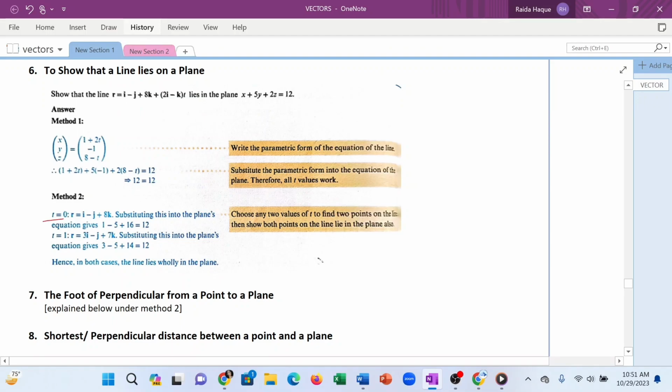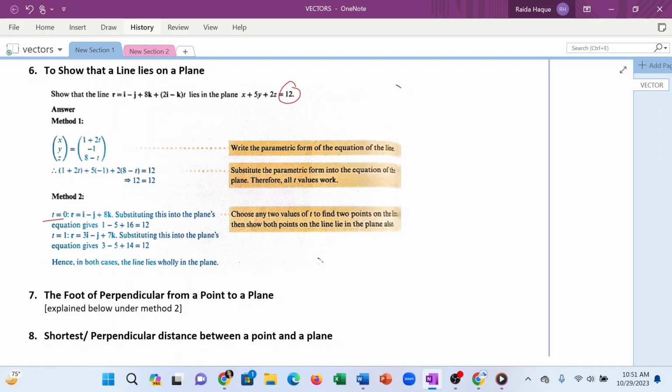It's something like a trial and error method, where every time the answer needs to match 12 at the end to make sure that it lies on the plane. We just check with two values and that's enough. I have not seen enough use of it in the mark scheme, so I would ask you to avoid it.